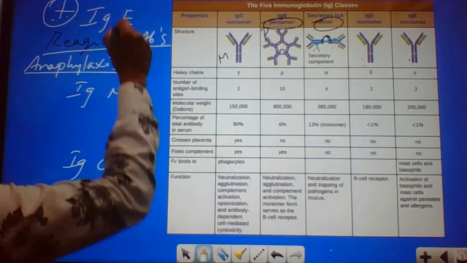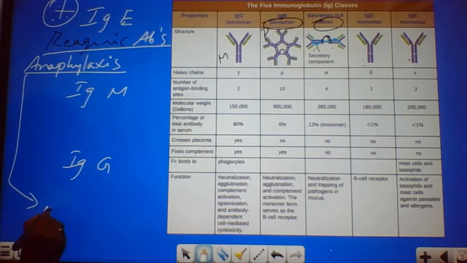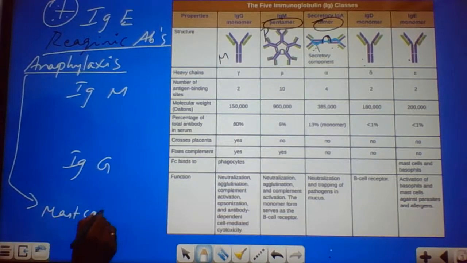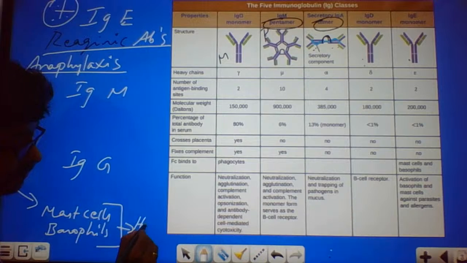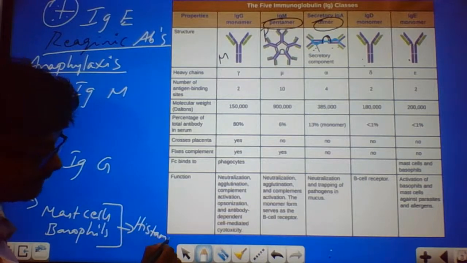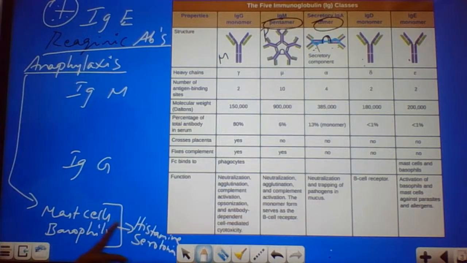So when is IgE produced? In anaphylaxis, when you see mast cells or basophils, these types of cells produce histamine. This is very very important. Histamine, serotonin, these allergy compounds are produced, and questions come from these.